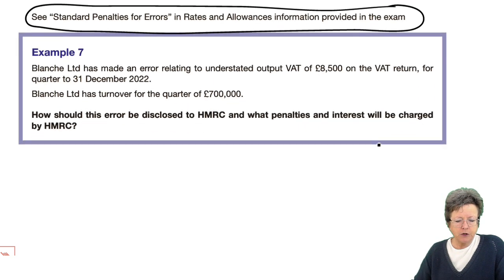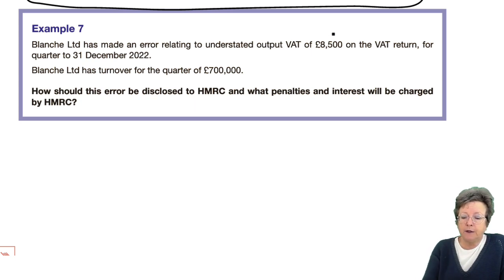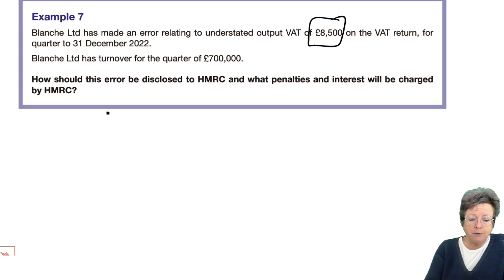So Blanche made an error and understated her output VAT by £8,500 on the VAT return for the quarter of December 22. Turnover for the quarter was 700,000. Do you remember the rule from earlier?